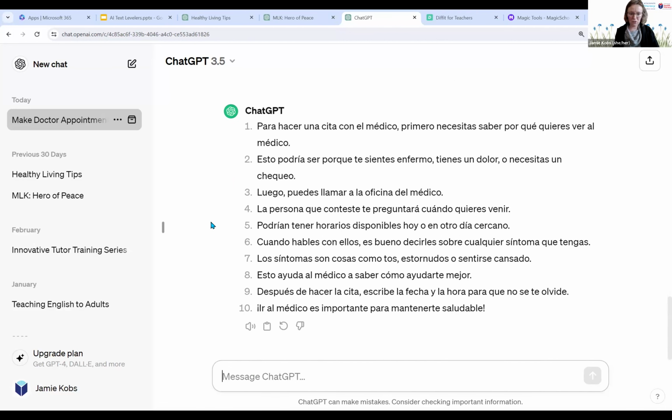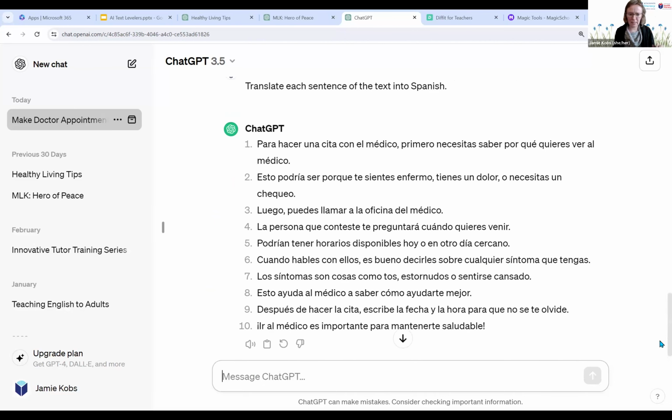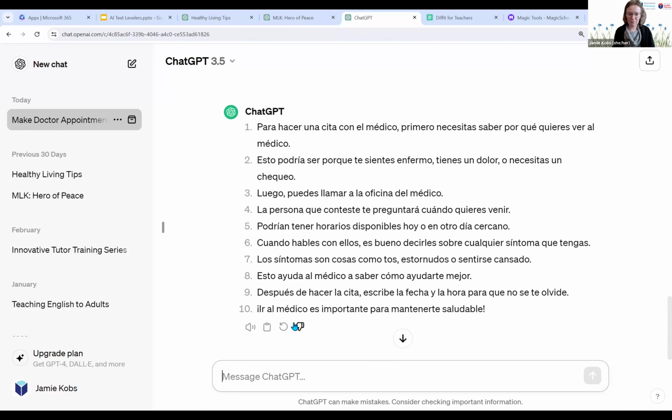Does that look right for those of you that speak Spanish? I mean, not like right, but it is the text that it's translating. Yeah. Okay.